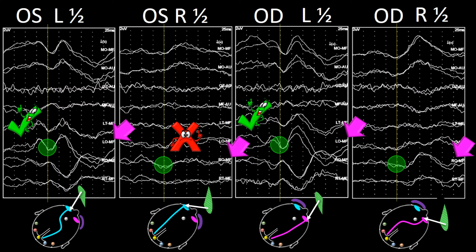But as you recall, when we look at hemifields, the only thing that is important is whether it is there or it is not there. Being there is normal, not being there is abnormal. Finally, we look at the last panel, and here there is no P100.